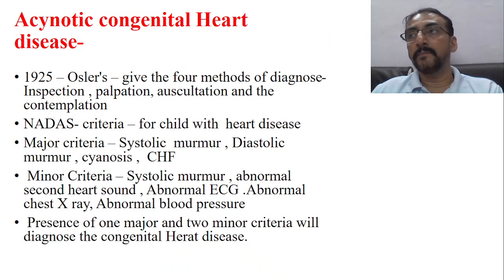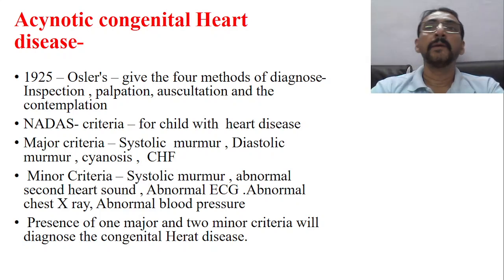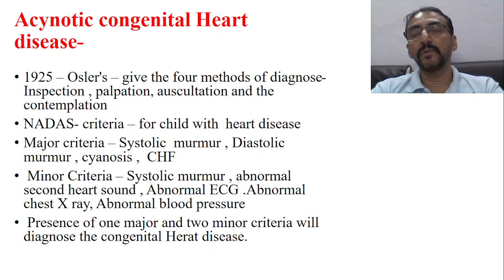After completion of these two case studies, now we know everything about acyanotic congenital heart disease, where cyanosis will not be present. Of course, an acyanotic disorder may get converted into a cyanotic disorder in the later part, but otherwise cyanosis is characteristically absent, and such congenital heart disorders are called acyanotic heart disorders.